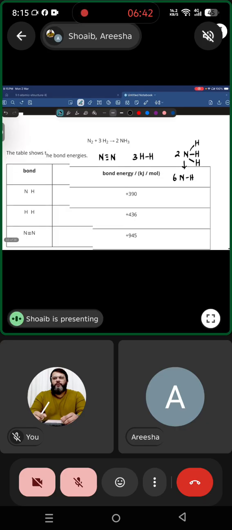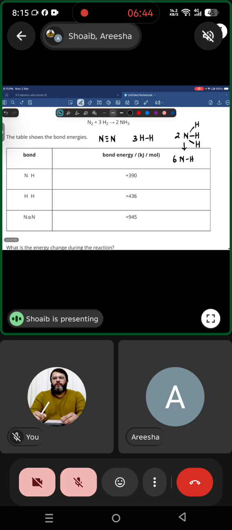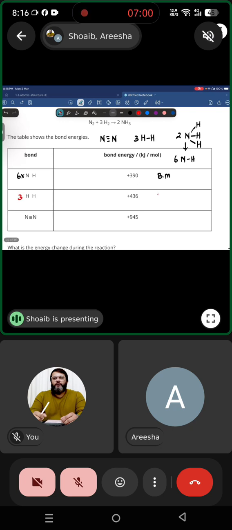Now the N-H will be multiplied by 6, which is the new bond making, and with the red color I'm going to show the bond breaking. So 3 multiplied by the hydrogen bond, this will be the bond breaking, and the second one only one, so this is another bond breaking here.